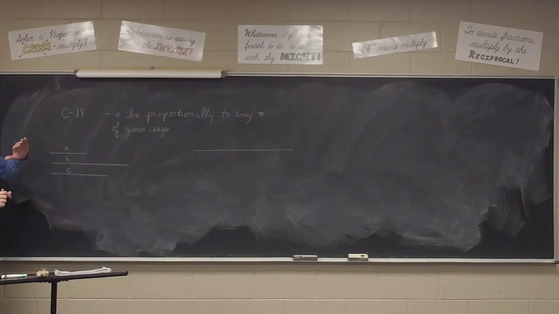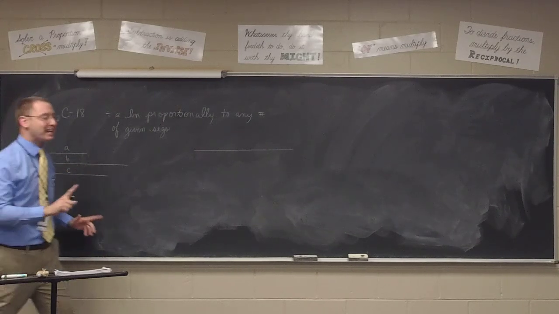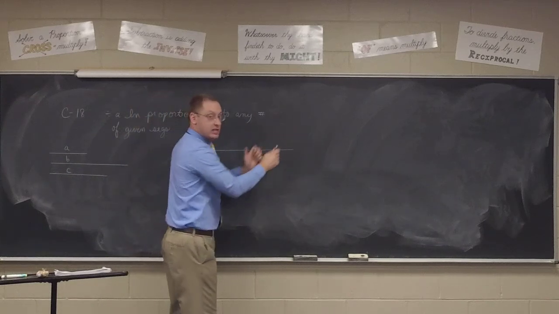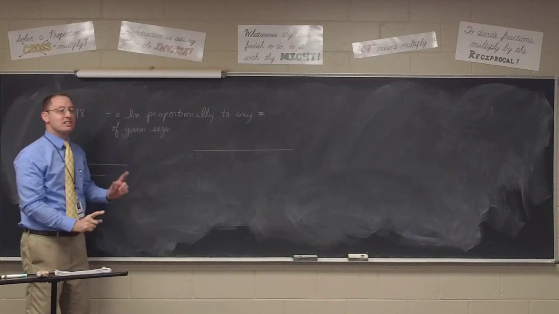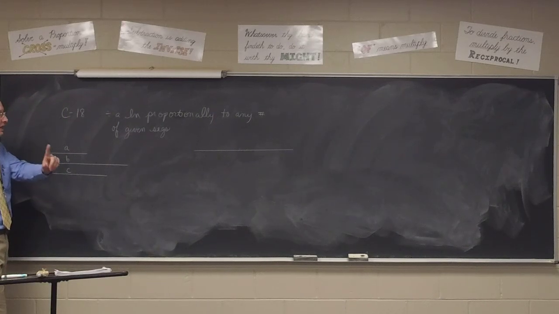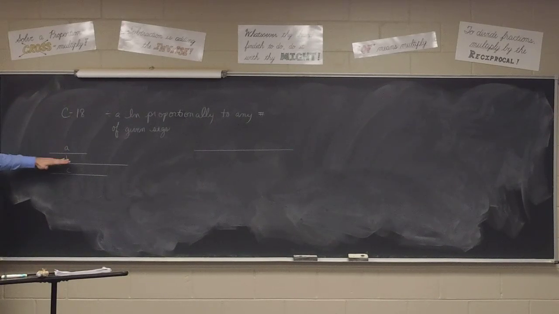Therefore, if it is not exactly equal to A, B, and C, I cannot divide it up into A, B, and C, correct? But I can divide it proportionally into segments that have the exact same ratio as A to B to C. I'm going to call the segments A prime, B prime, C prime.